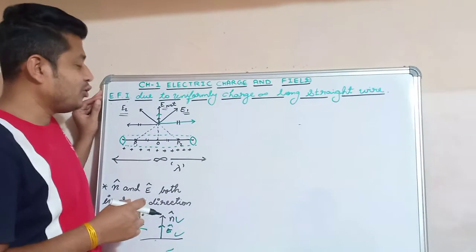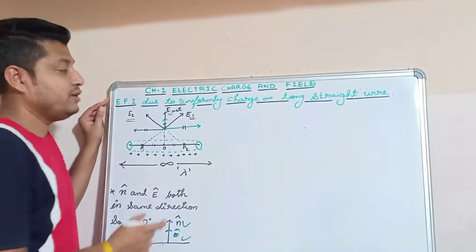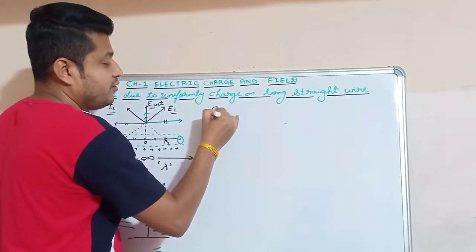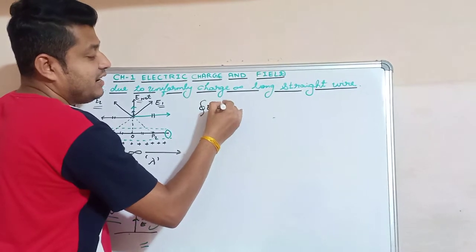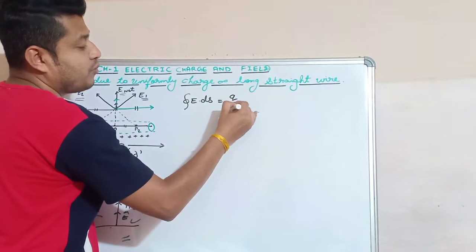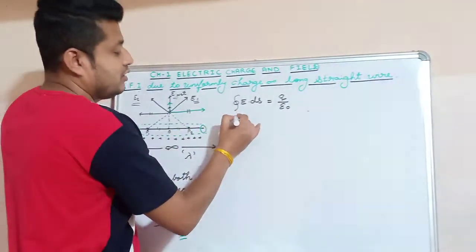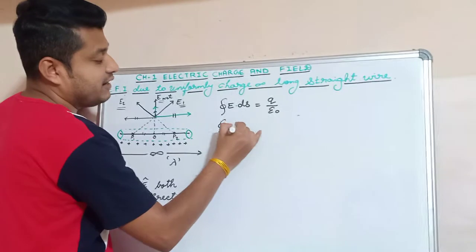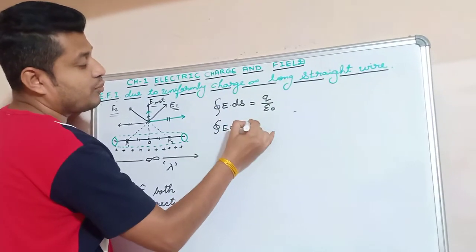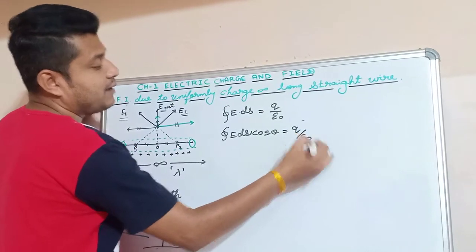According to Gauss law, we have a formula to calculate the electric field intensity, which we derived previously. Closed integral of E dot dS is equal to q upon epsilon naught. Since it is a dot product, E dS cos theta is equal to q upon epsilon naught.